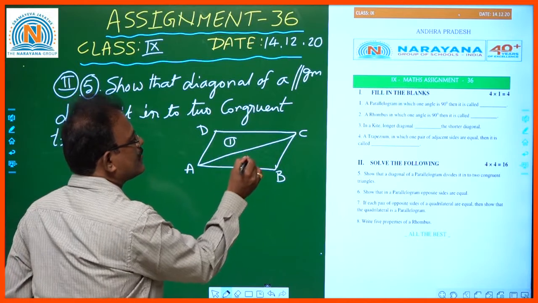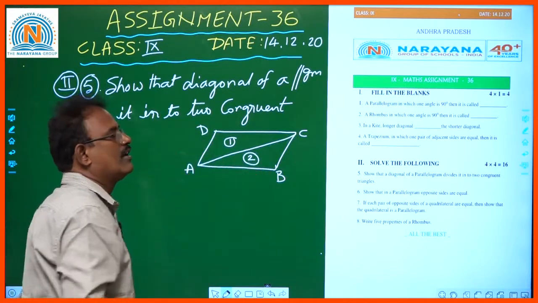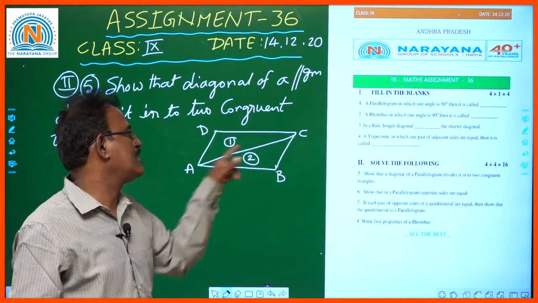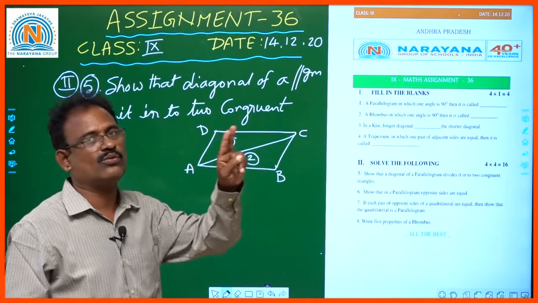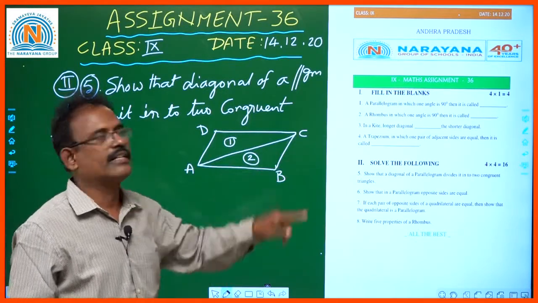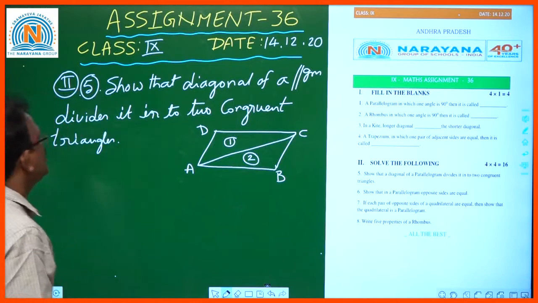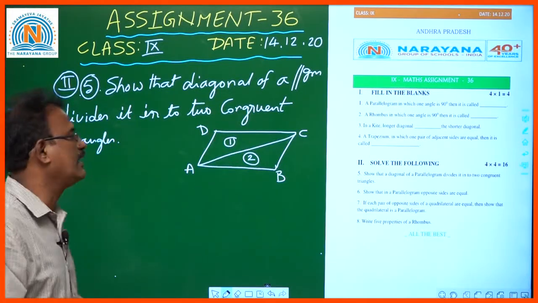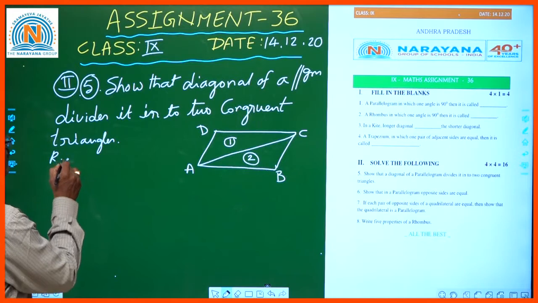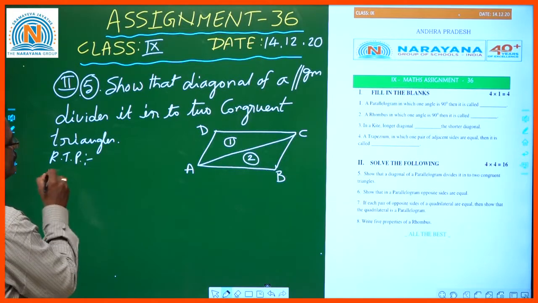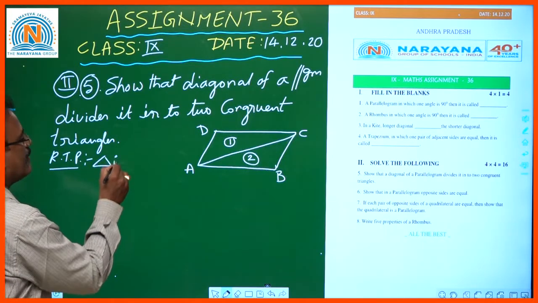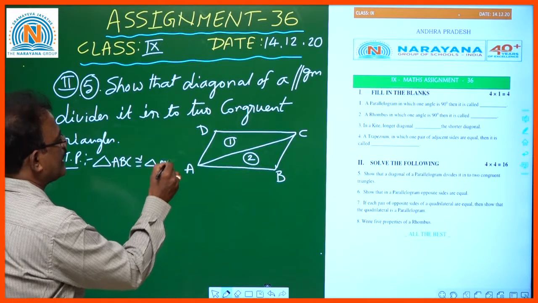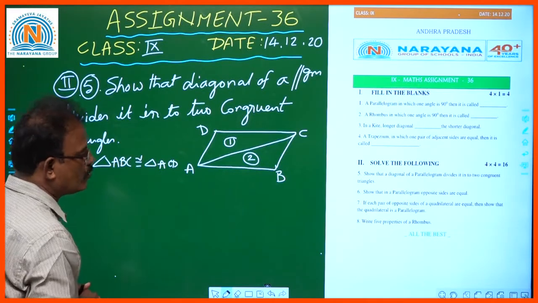Let us name them, for the namesake, number 1 and 2, as ABC and ACD, the two triangles due to the diagonal AC. We need to show that the two triangles are congruent. What we need to prove here, children, is that triangle ABC is congruent to triangle ACD. That's what we need to prove now.